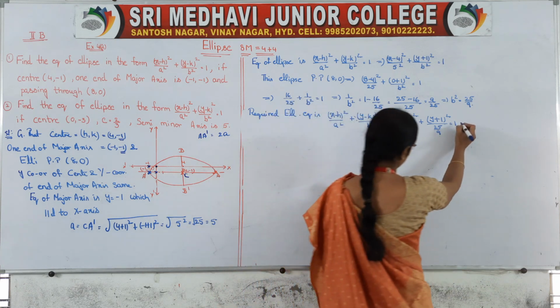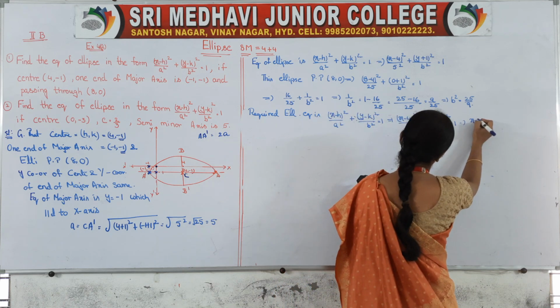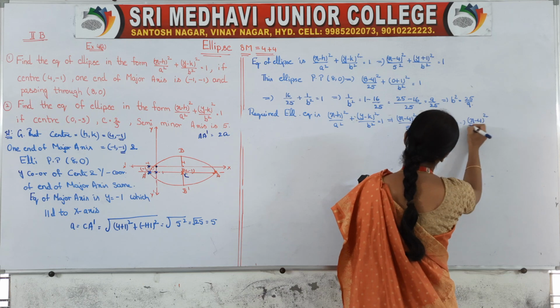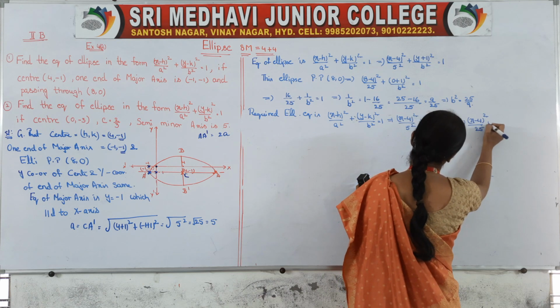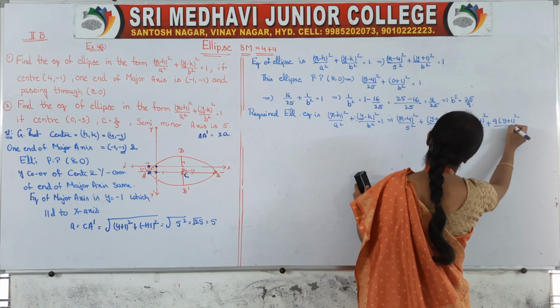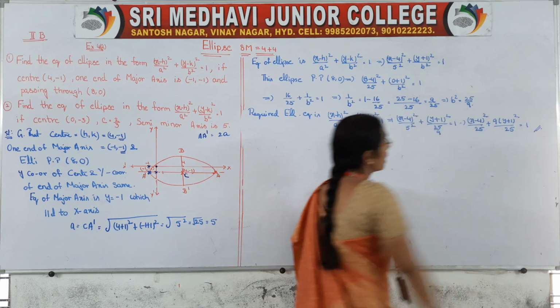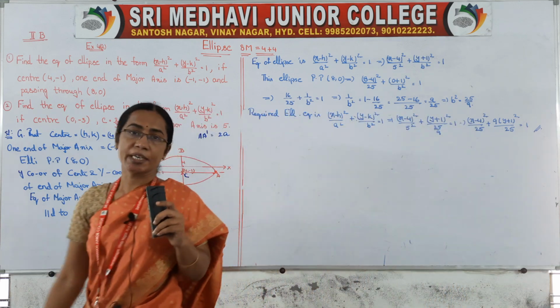Here 5 square means 25. So it is x minus 4 whole square by 25 plus 9 into y plus 1 whole square by 25 is equal to 1. This is the required ellipse equation.